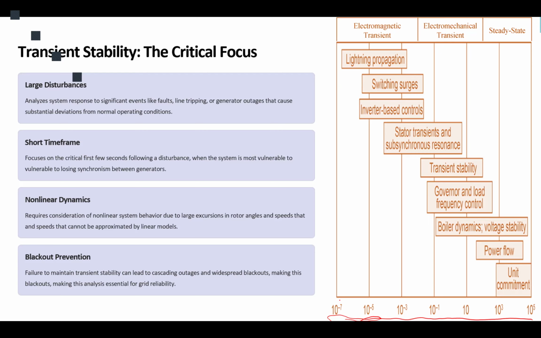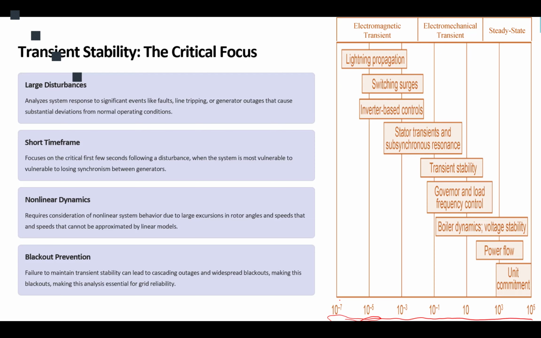This happens instantly. It's a very short and very sharp disturbance. Switching or inverter-based control systems also produce electromagnetic transients. They are very short time transients.